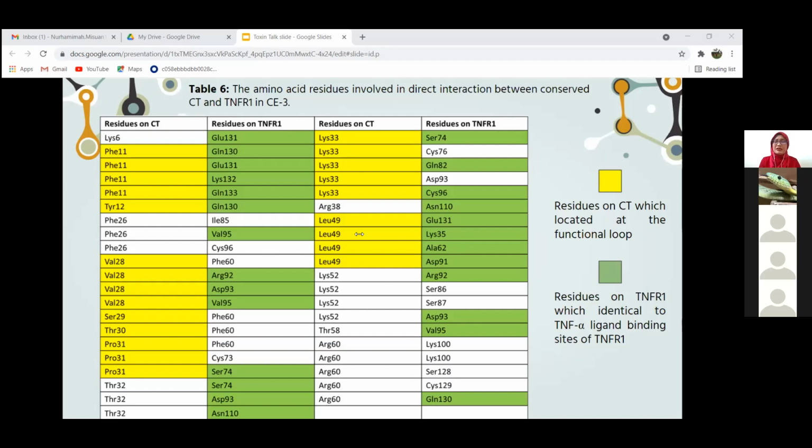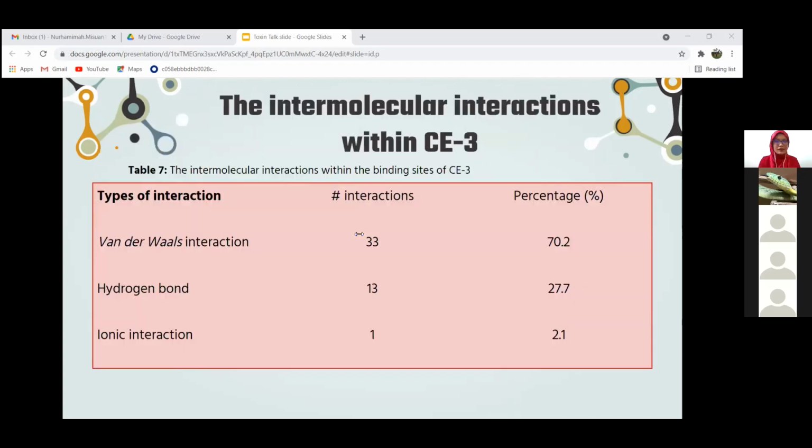Nonetheless, the activation of the apoptotic signaling pathway for TNFR1 was relatively slower compared to the Fas receptor, because Fas receptor is famously known as the main apoptotic cell death receptor. So since I showed the interaction mapping between CT and TNFR1, the intramolecular interaction between these two proteins can also be determined.